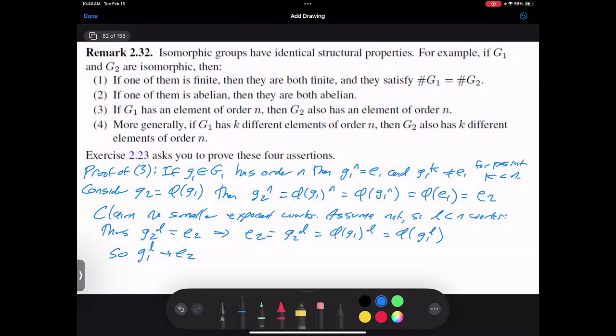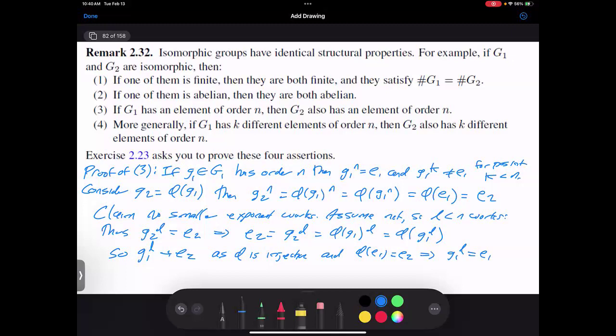If we knew that G1 to the L was E1, then we would be done, as you said. Only E1 maps to the identity because the group homomorphism is injective. So as phi is injective and phi of E1 is E2, we now know that G1 to the L has to be E1, because you can't send two different things to the identity.